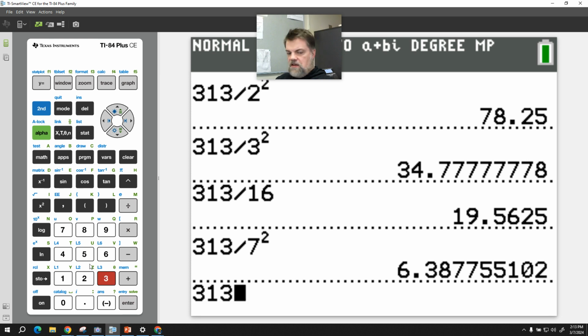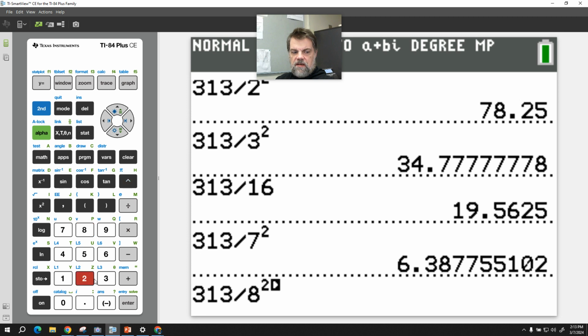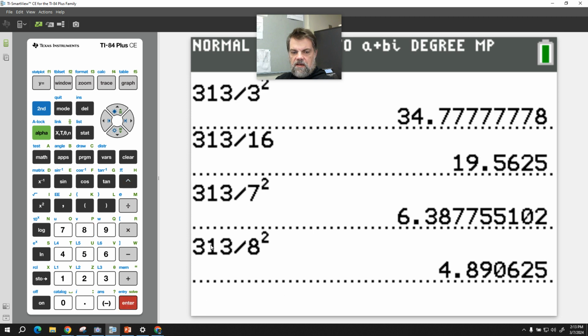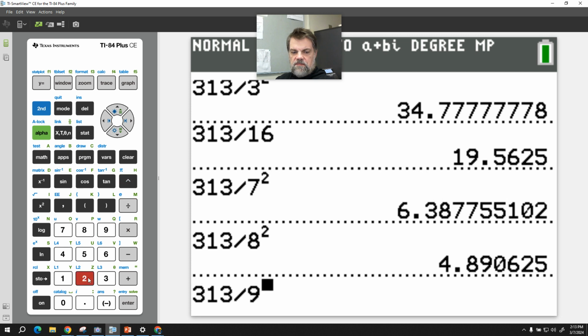313 divided by, let's try 8 squared, which I don't think will work, but we'll try it. That one's going to be a tough one. Let's try 313 divided by 9 squared, which is 81.